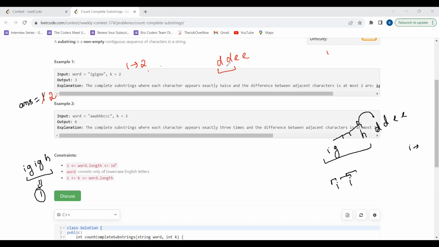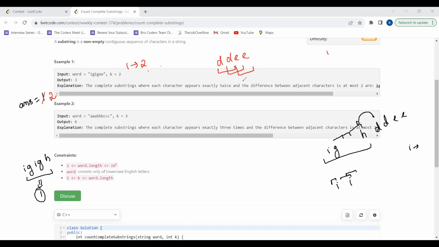Now let's check another two length substring. It is DE. Now here we have two unique characters. So we'll just drop this because it is not a complete substring. Now we'll transition again.